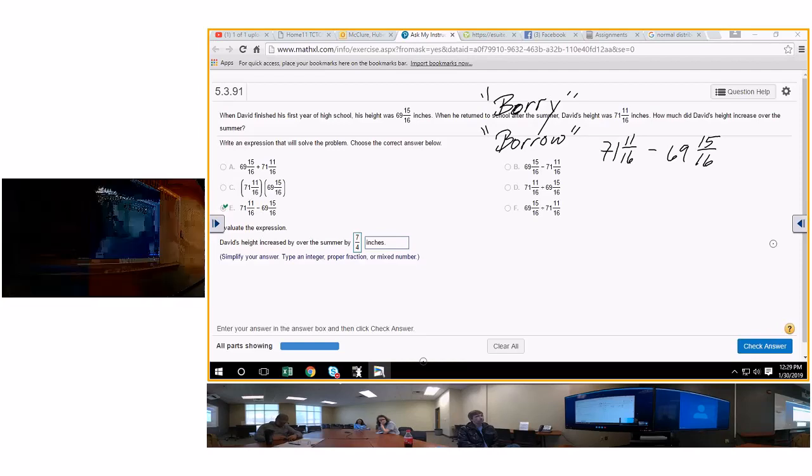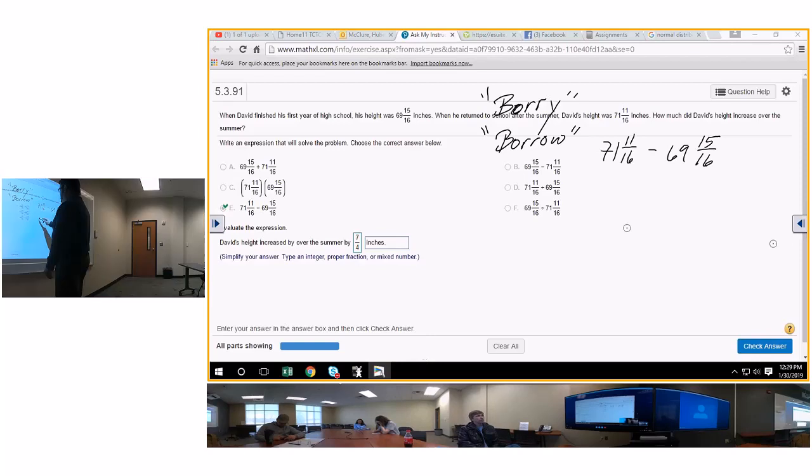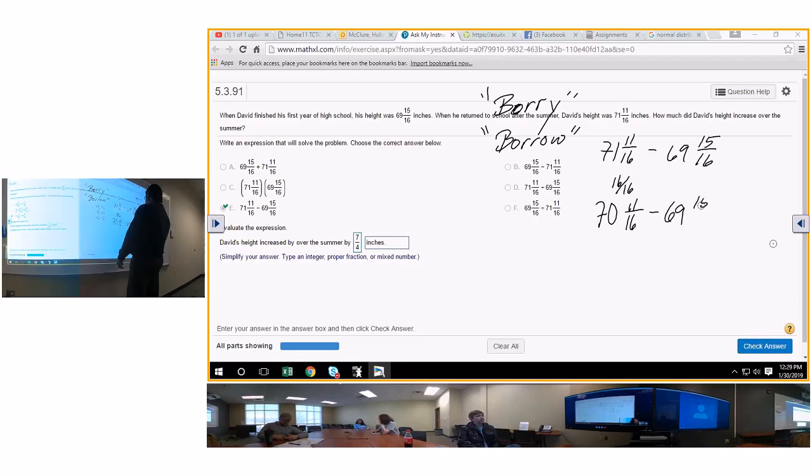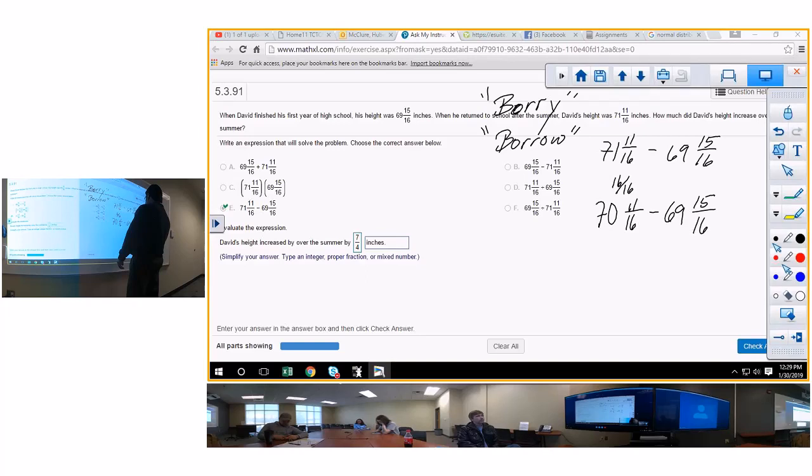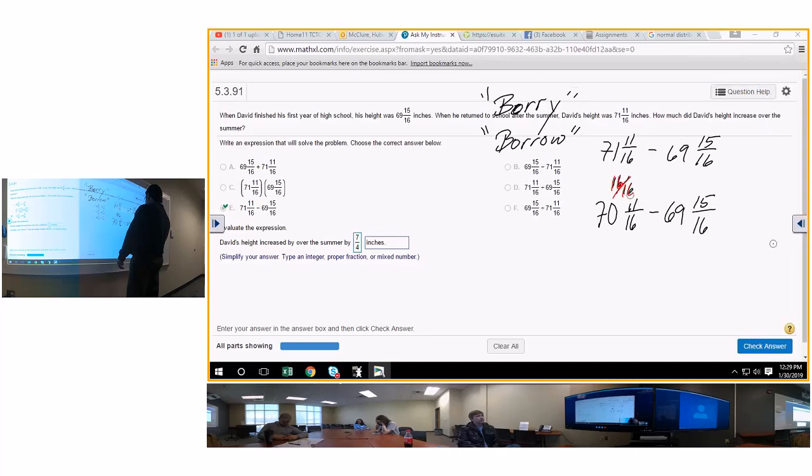So, what am I going to borrow from? Well, the bigger number is 71. So I'm going to borrow 1 from the 71, and that turns that into 70. And there's a 16/16 floating around because I just borrowed. I'm going to color this 16/16 red, because what is 16/16? 1.